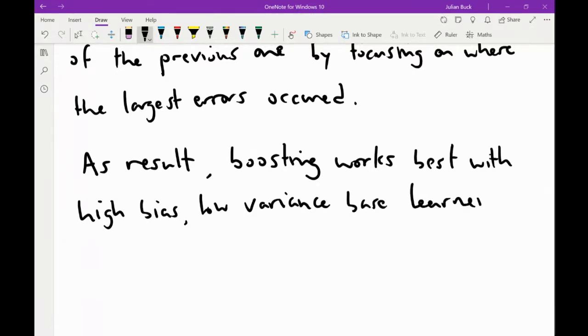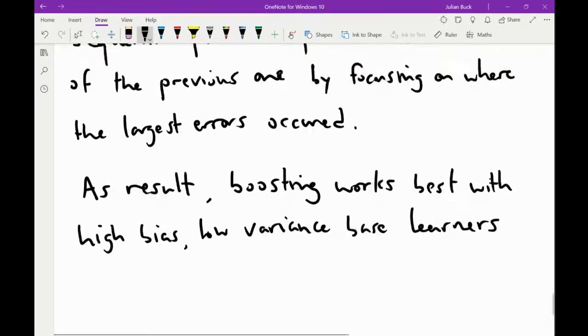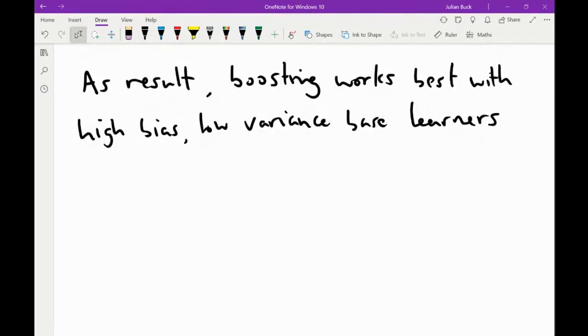Okay, so we'll talk about some examples of those in a moment. Okay, but before we go on to discussing the boosting process a little more, here's what it looks like.